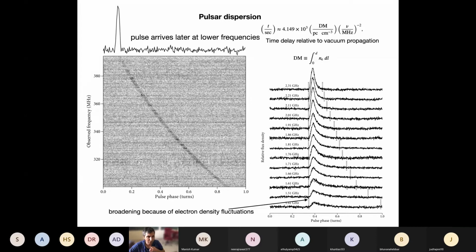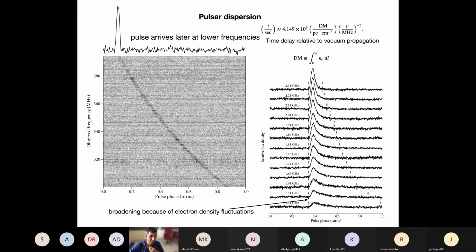So this illustrates pulsar dispersion in real data, right? So how do we get, for example, if you want to calculate the DM for this pulsar, how would one do it? Can someone speak up and tell me? So this is the given data.